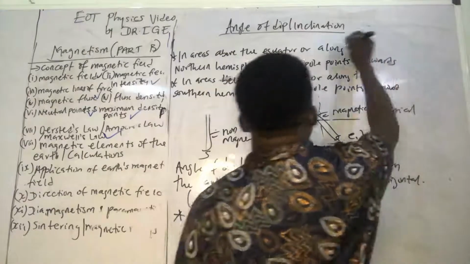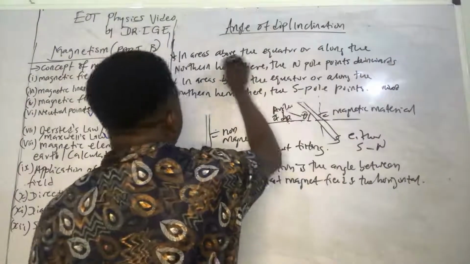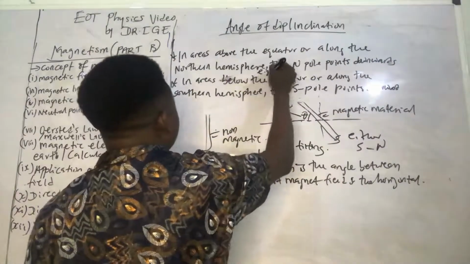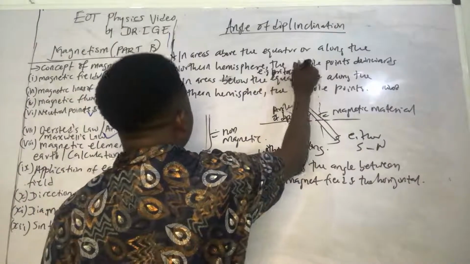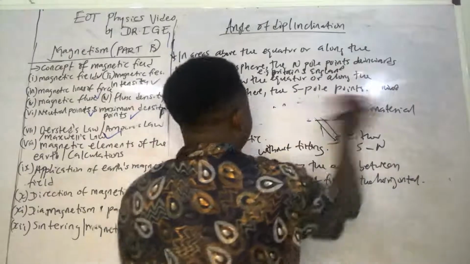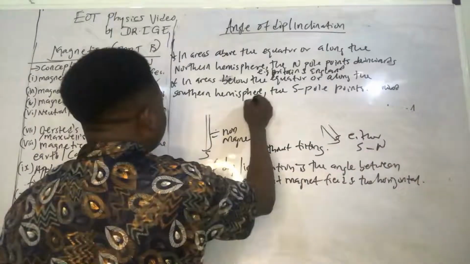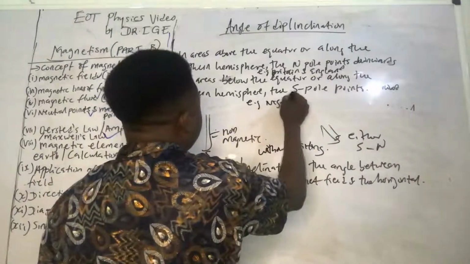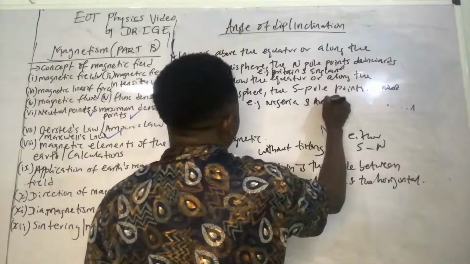And for the first one, examples of such areas include Egypt, Britain, and England. Then for the second one, examples are Nigeria and Australia.